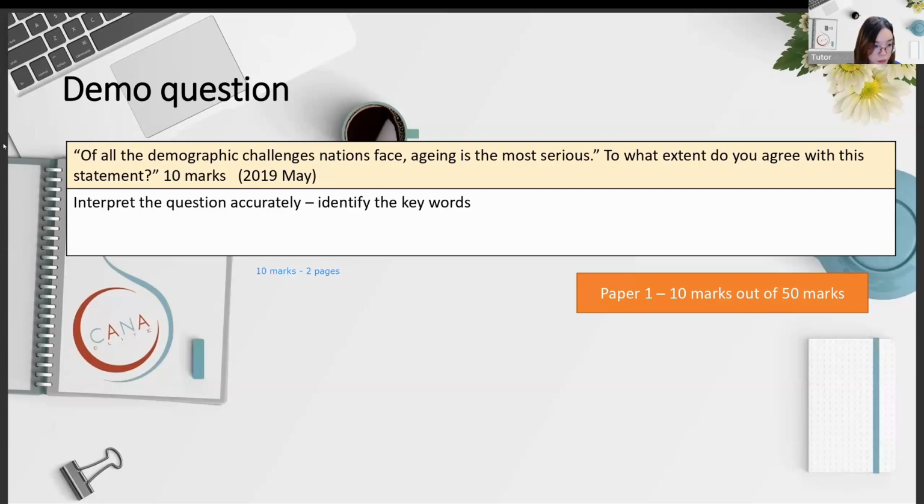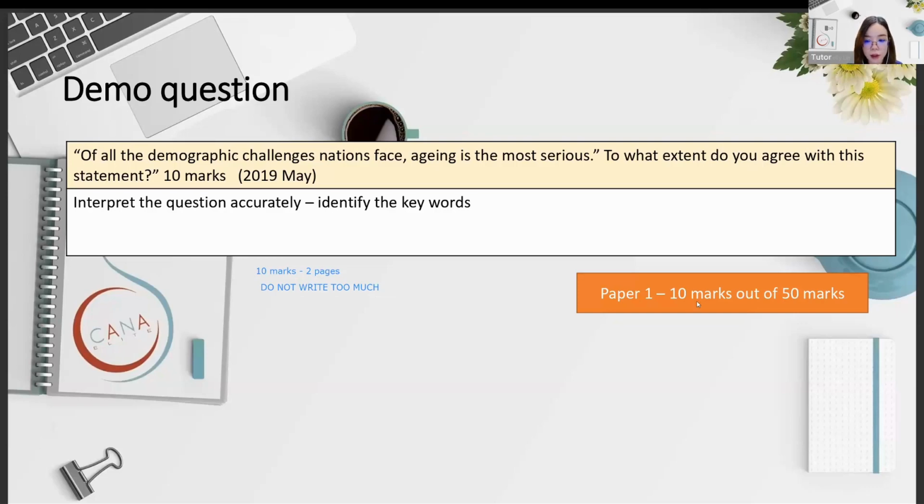So again, just to remind you that do not write too much for that 10 marker. Okay, it's not worth it. You will find out that it's not worth it because time is just too limited, and make sure that you have a very good strategy to tackle all the questions within that time limit.